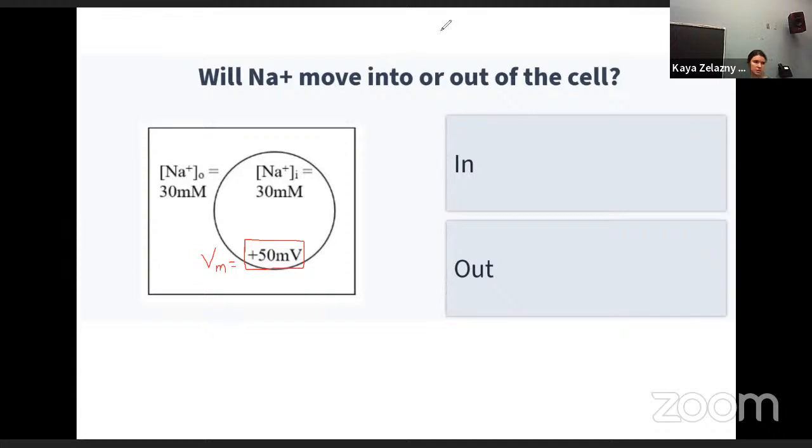First, looking at those concentrations, what's going to happen with the chemical driving force? Is there going to be a chemical driving force? No, we have equal concentrations here, 30 and 30. So we're at equilibrium. We're not even going to bother putting on a CDF. CDF equals 0.